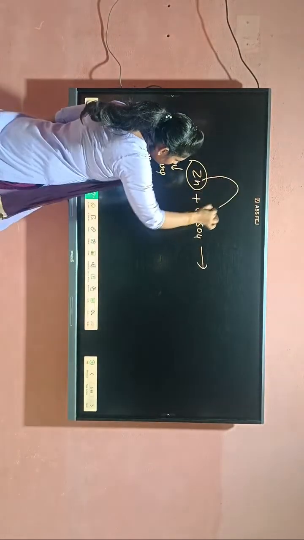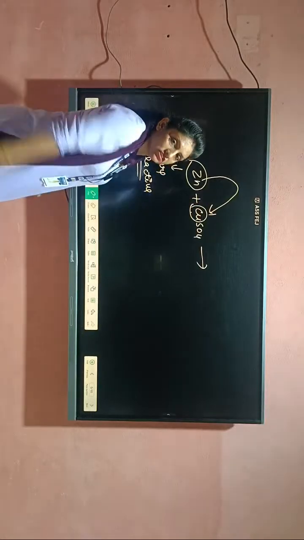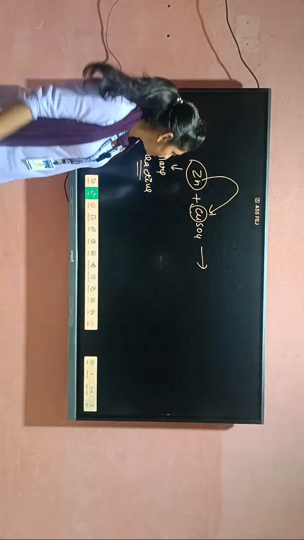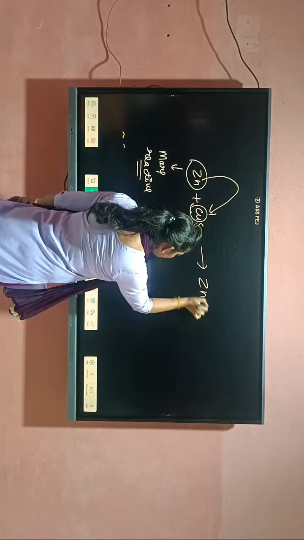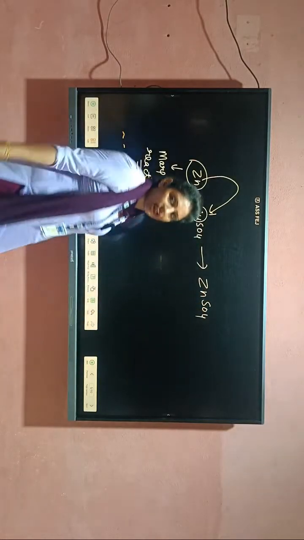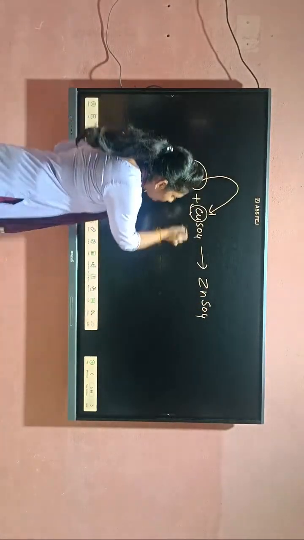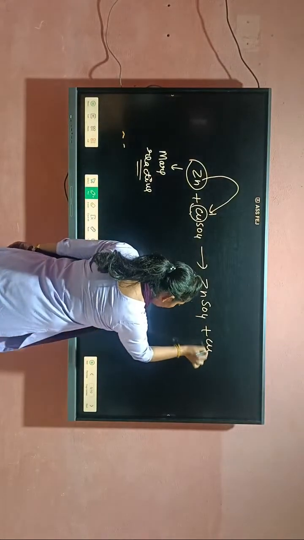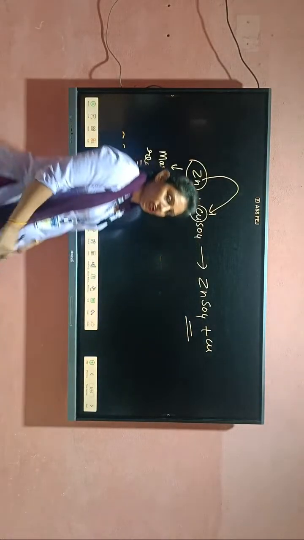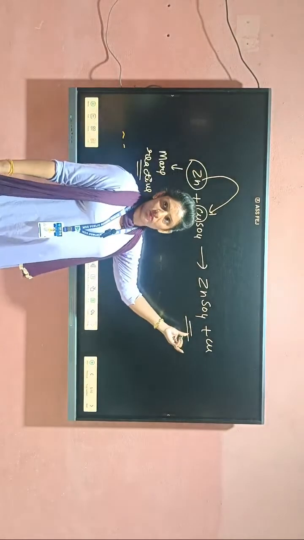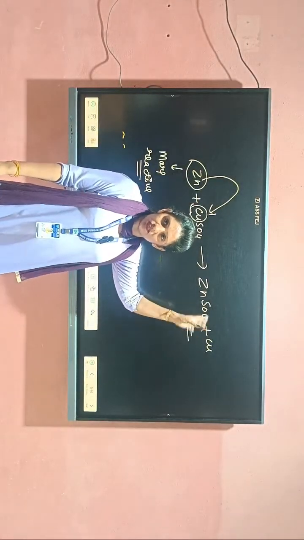So this zinc will replace this copper. Finally students, you will get zinc sulfate plus copper metal. So this reaction will happen during this electrochemical cell. Is it clear or not?